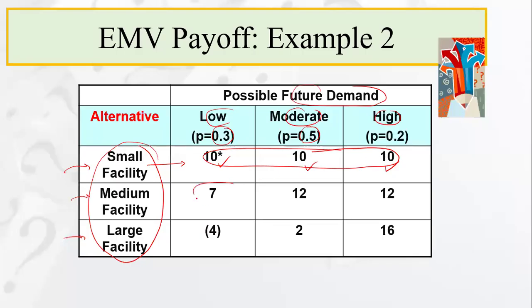If you do a medium facility, your capacity will be a little higher, and the numbers will also change: 7 multiplied by 0.3, 12 multiplied by 0.5, 12 multiplied by 0.1. The probabilities should add up to 1. It must add up to 1. When you do that, this is a loss, that means -4.